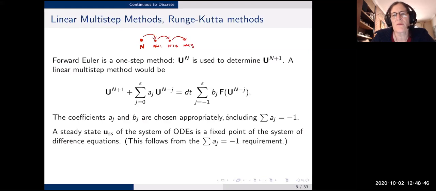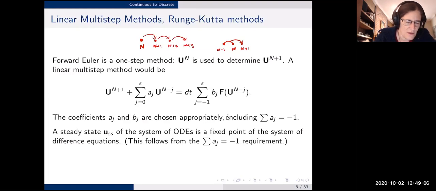And so there are other approaches where you would do something like, given the current solution and a solution which is one step in the past, you would use the two of them to generate the next solution.